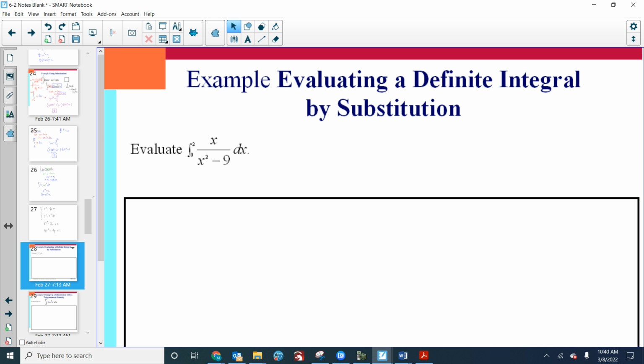We did one similar. Let's do this one. That's from 0 to 2. For those of you visually impaired, integral from 0 to 2 of x over x squared minus 9 dx.